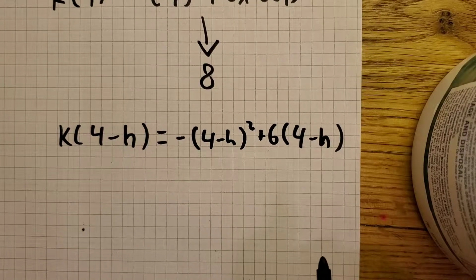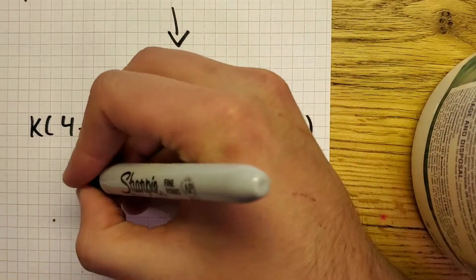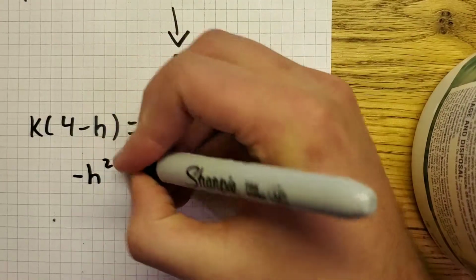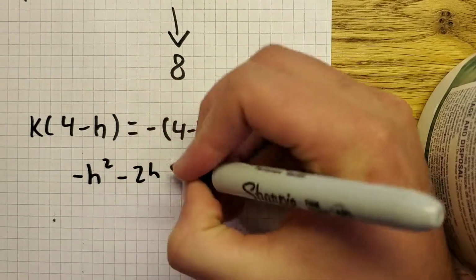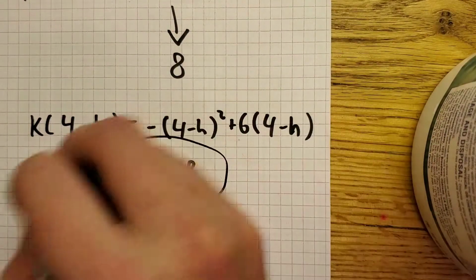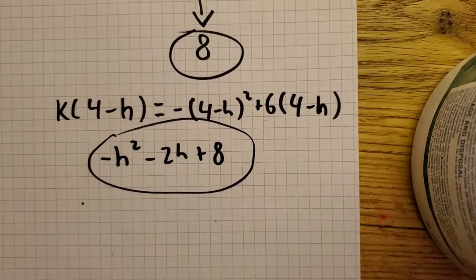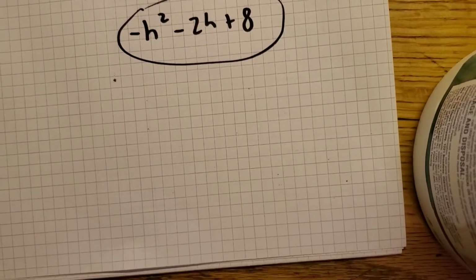And you end up with negative h squared minus 2h plus 8. So these are the two values you will use in your average rate of change formula.